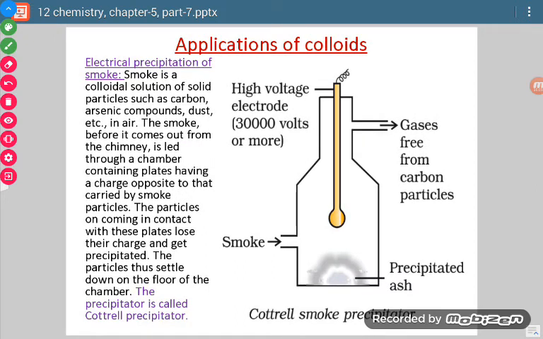Now, where are these colloids applicable? Now, this is very important. This is the Cottrell smoke precipitator. Now, see what is there. You might have seen in factories there is a chimney, and from that chimney a lot of dark fumes are coming out.